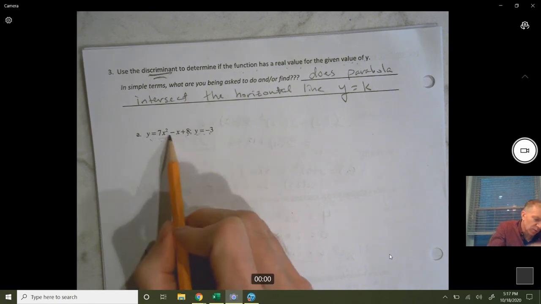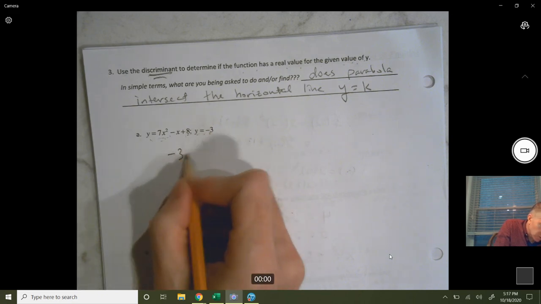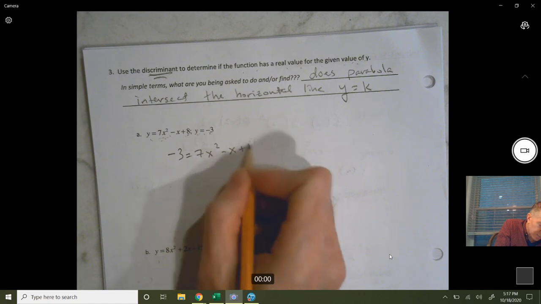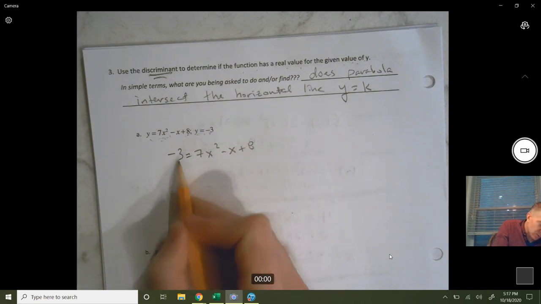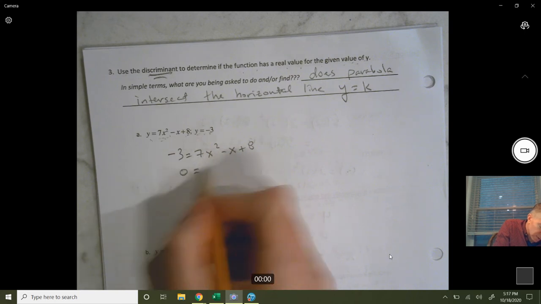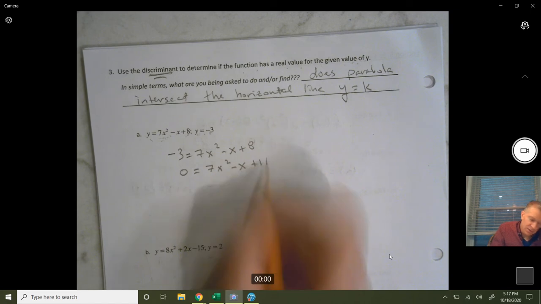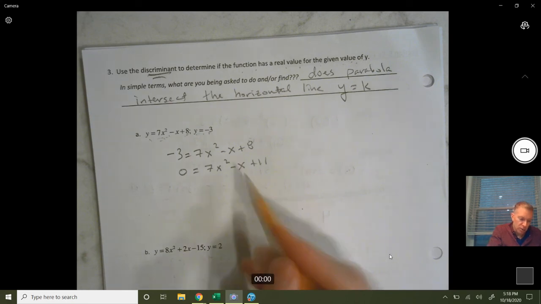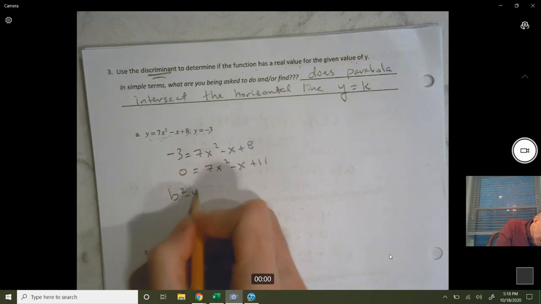If we were to plug in -3 for y, so -3 equals 7x squared minus x plus 8, let's add 3 to both sides. So 0 equals 7x squared minus x plus 11. All right, let's find the discriminant. The discriminant will tell us how many solutions there are to this equation. So b squared minus 4ac.